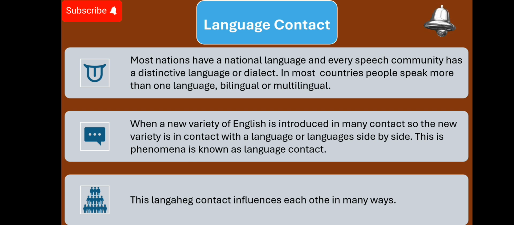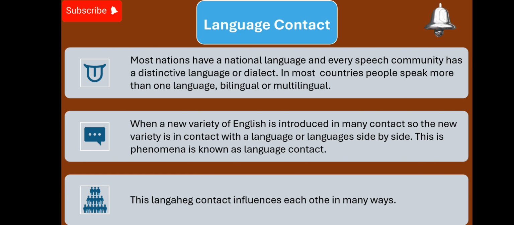Similarly, I have already acquired Urdu or Pashto, and if I am acquiring English, there will be an impact of my Urdu pronunciation on English. So my Urdu will affect English, and English will also affect my Urdu and Pashto, because these languages will be in contact with each other.